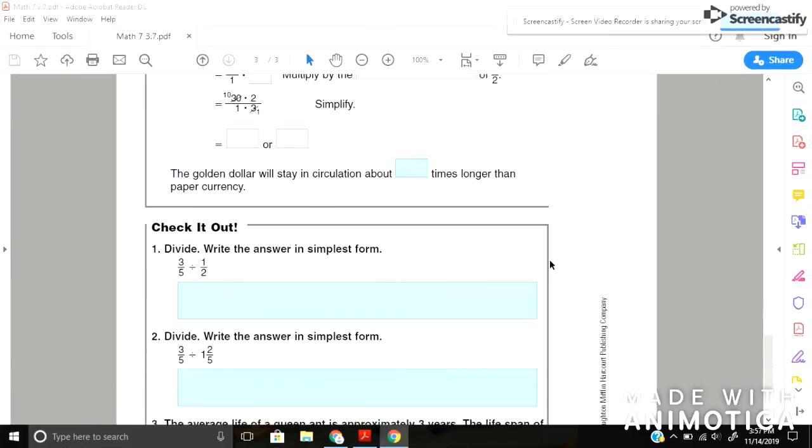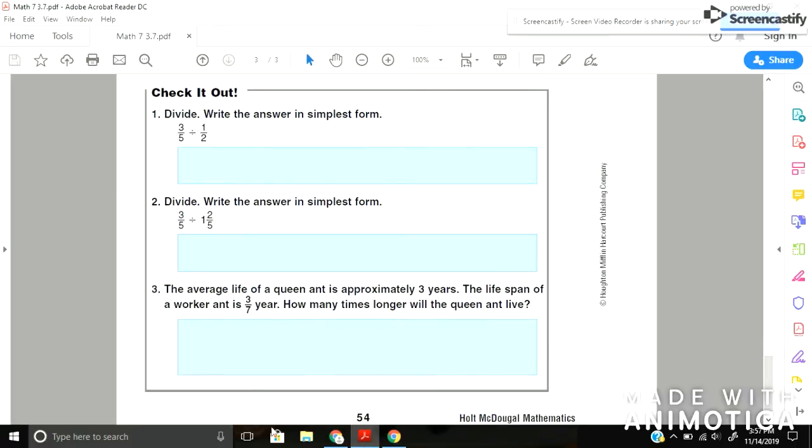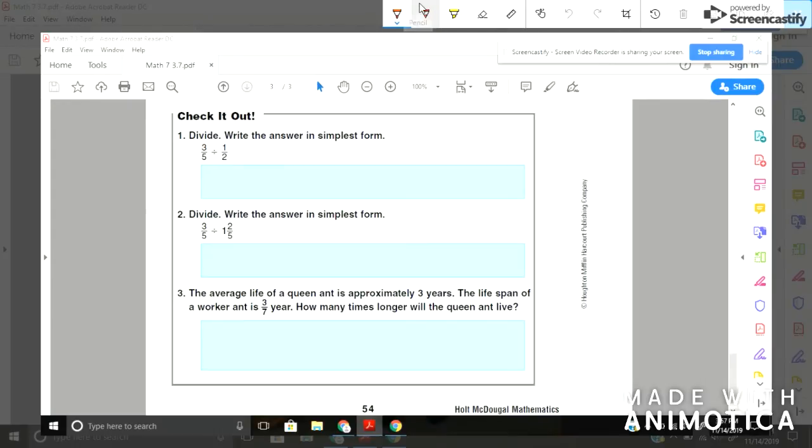Okay, for finishing up, please pause the video, practice 1, 2, and 3 on your own, and see what you come up with for your answers. All right, keep 3/5 the same, flip to multiplication, and make 1/2 its reciprocal, multiply across. 3 times 2 is 6, 5 times 1 is 5, or same thing as 1 and 1/5.